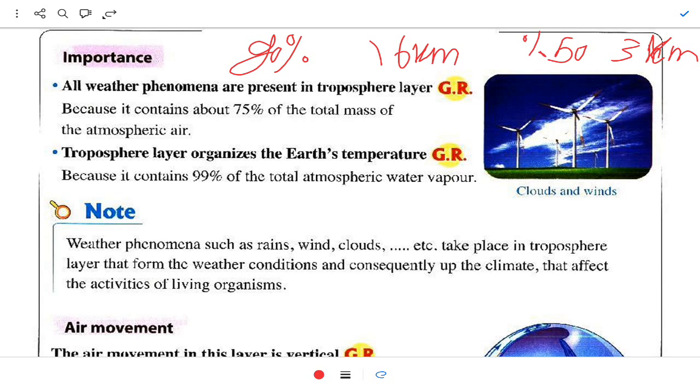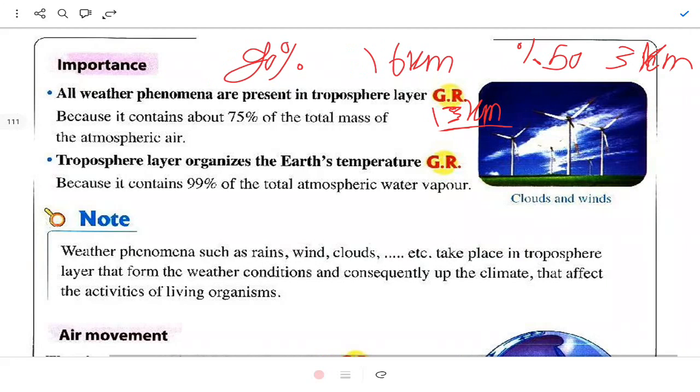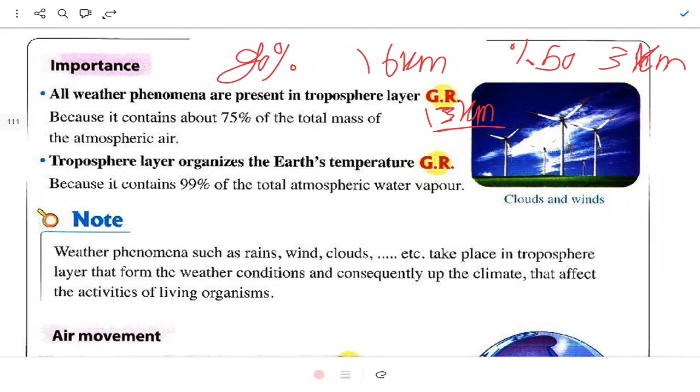And in the middle, the troposphere thickness equals 13 kilometers, so up to 13 kilometers you have 75% of the total mass.